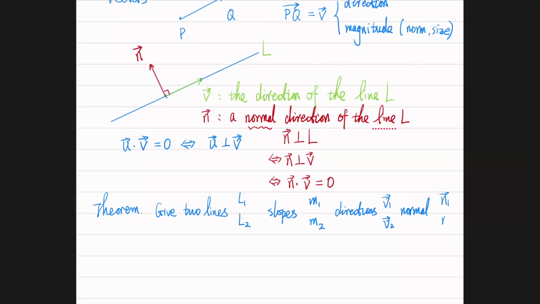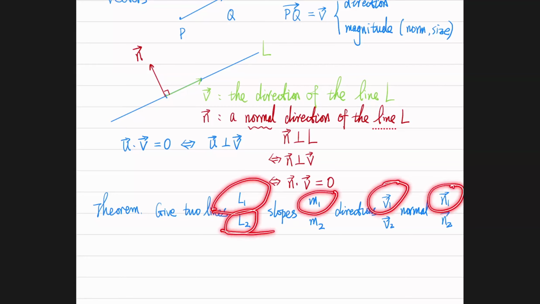So for each line, we can find the slope, the direction, a normal vector. We can also find the slope for the second line, direction of the second line, normal vector of the second line.